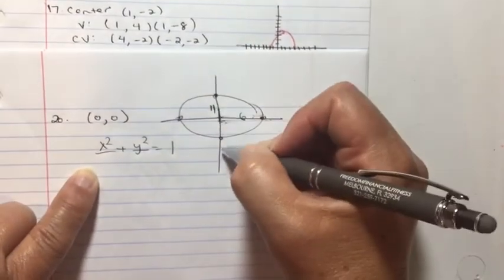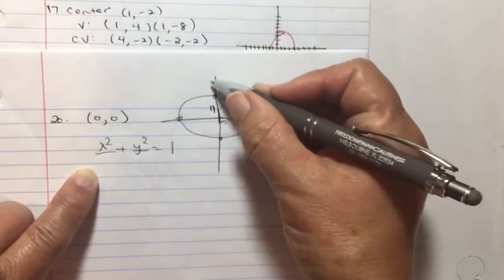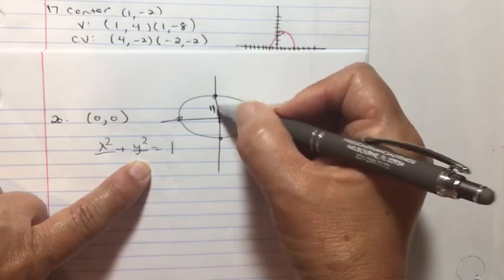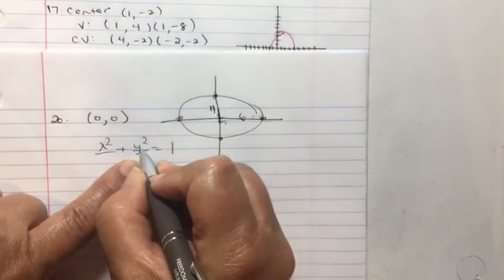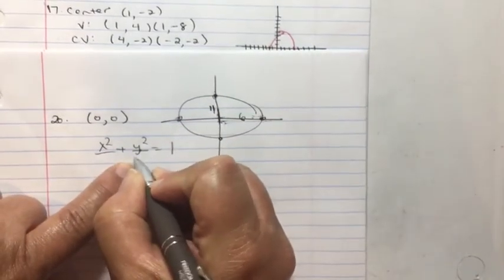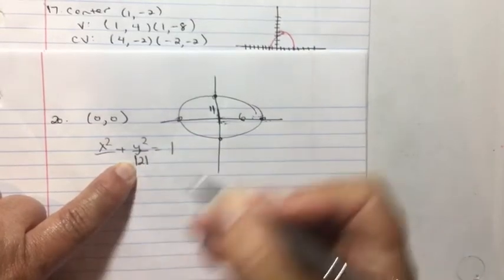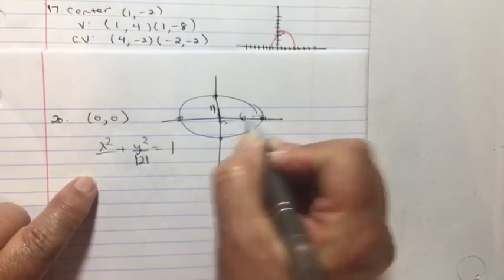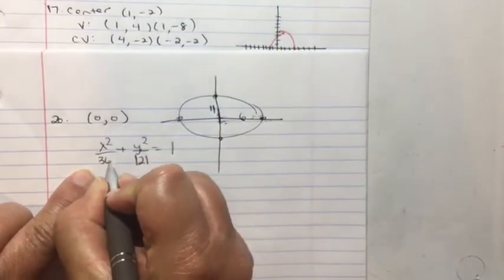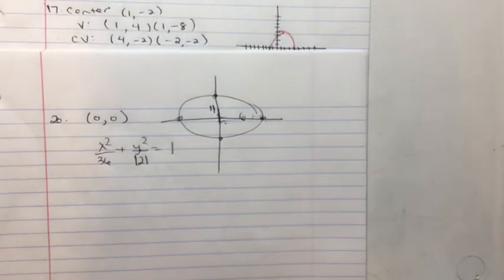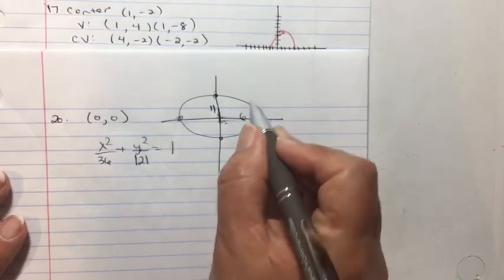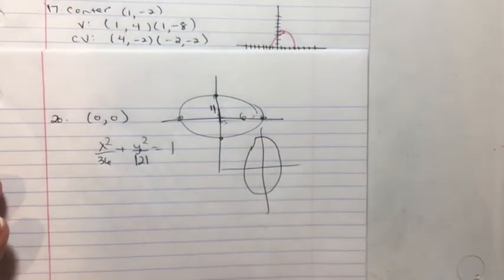So your major axis is on the y. So you would add or subtract 11 to the y, which came from the square root of this number, which would be a 121. Same thing here. This is a 6, so this had to have been a 36. So it's kind of working backwards. And actually, it should probably look more like this. I have it a little bit too squatty there.